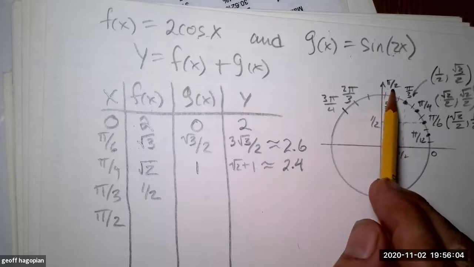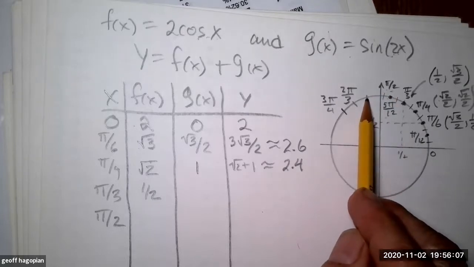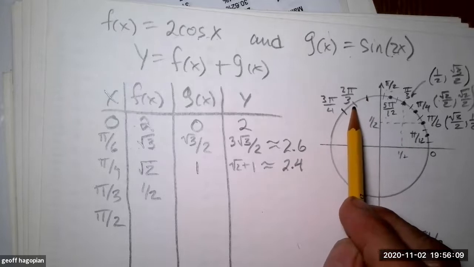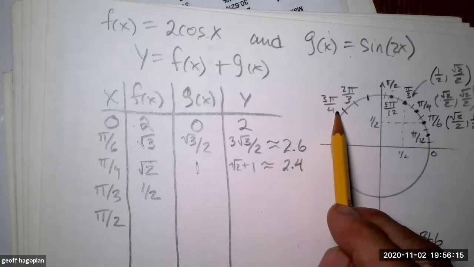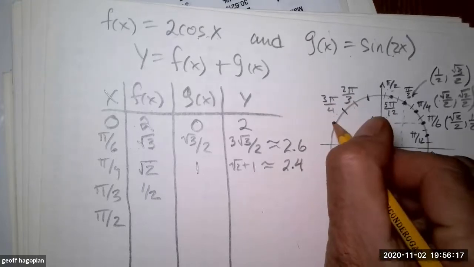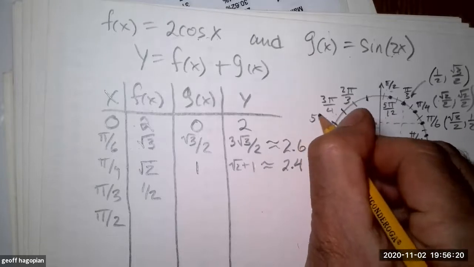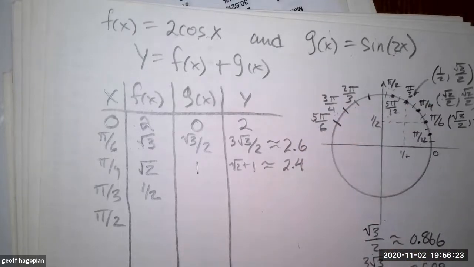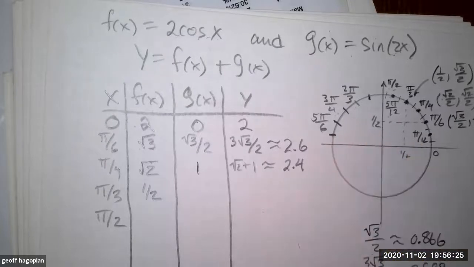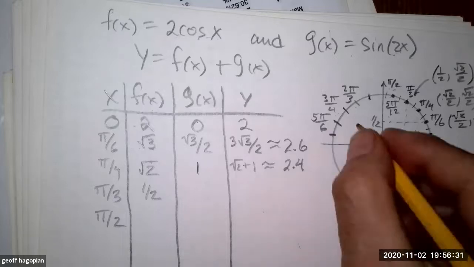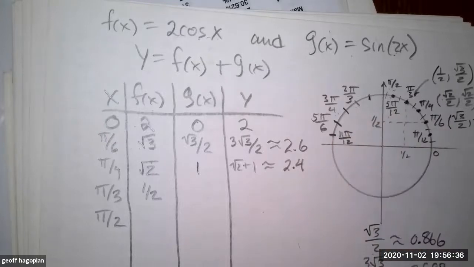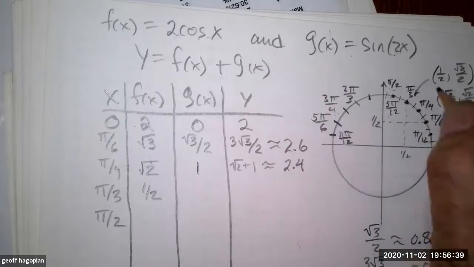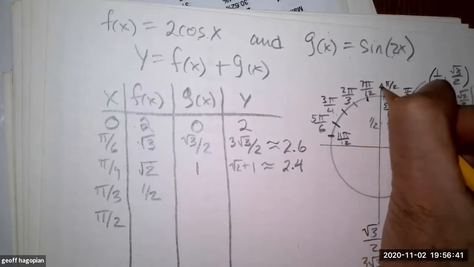So pi over 2 is 6 pi over 12. 7 pi over 12, we don't know what's what there. 8 pi over 12, well, 8/12 reduces to 2/3. 9/12 reduces to 3/4. 10/12 reduces to 5/6, right? And those are our benchmark points. And there's a 11 pi over 12 here, this point, almost to pi, where we don't know what's what, right?